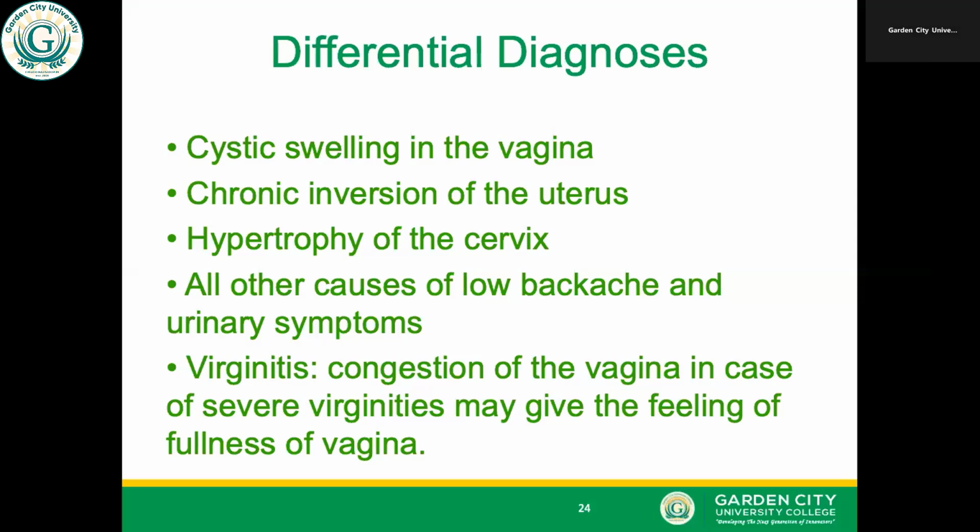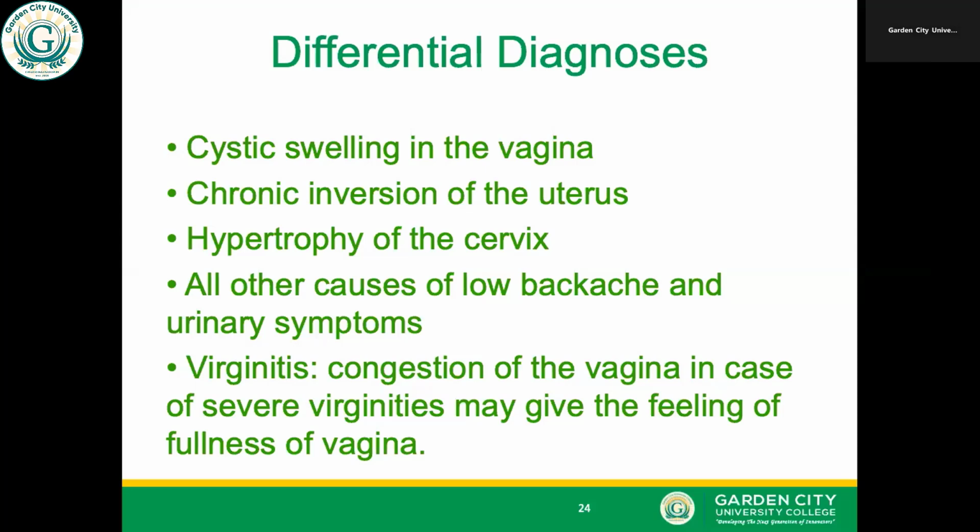So the differential diagnosis. You need to be sure that you are dealing with uterine prolapse, so that you wouldn't be mistaking a different diagnosis as uterine prolapse and managing uterine prolapse, which is not the case. Some of the differential diagnoses are cystic swelling in the vagina.